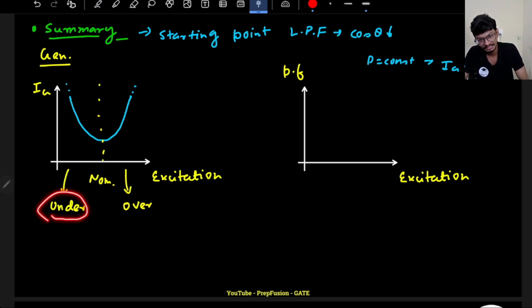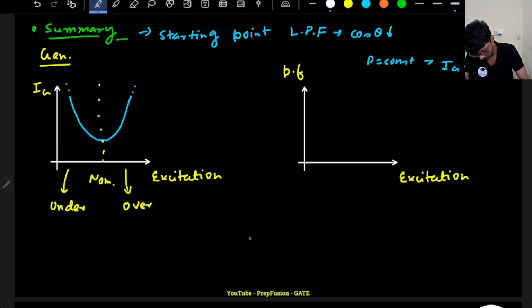So what does under excitation mean? Under excitation basically means that the synchronous machine does not have enough flux, right? So it will take the flux from the load, right? So our synchronous generator is connected over here, and here I will have a load connected.